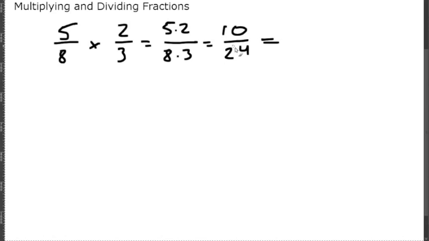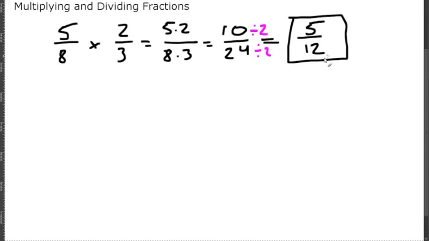And the biggest number that can go into both of them is going to be a 2. So if we divide the top by 2 and the bottom by 2, we're going to get that 10 over 24 is also equal to 5 over 12. And 5 over 12 cannot be simplified anymore, so that will be our answer.